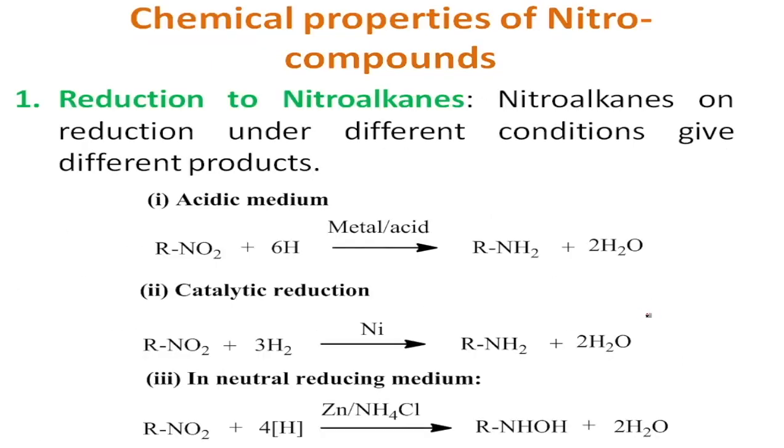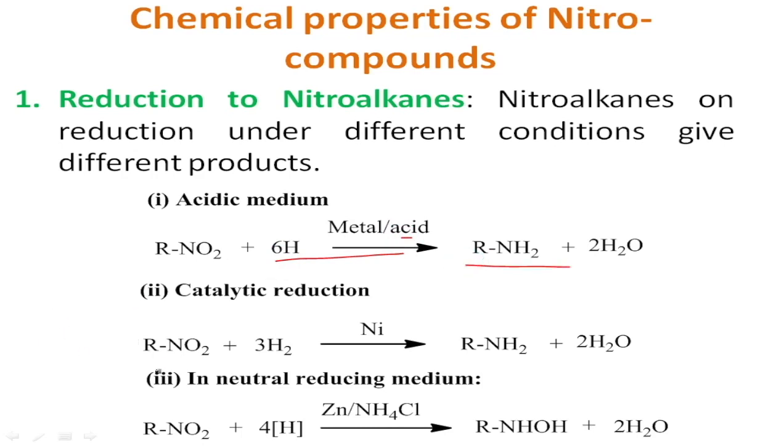Chemical properties of nitro compounds. Number 1, reduction of nitroalkanes. Nitroalkanes under reduction give different products. Number 1, in acidic medium nitroalkanes are reduced using metal, and in acidic condition you get a primary amine.